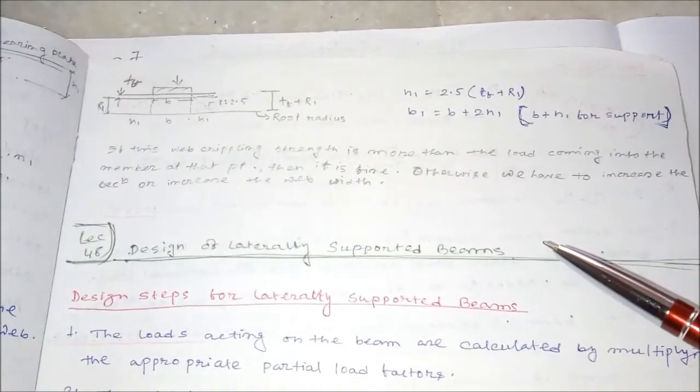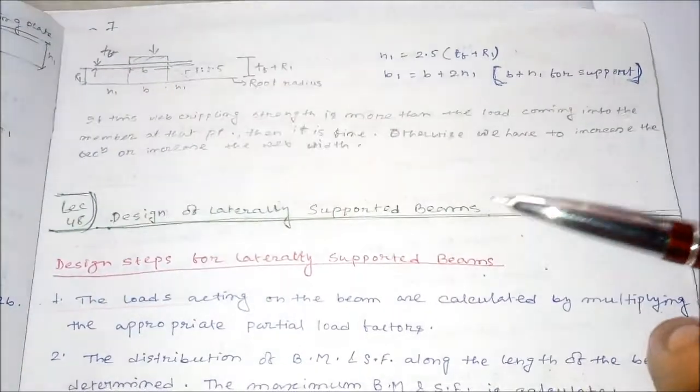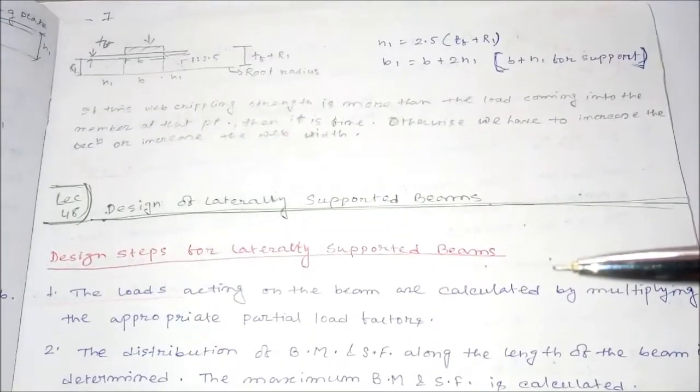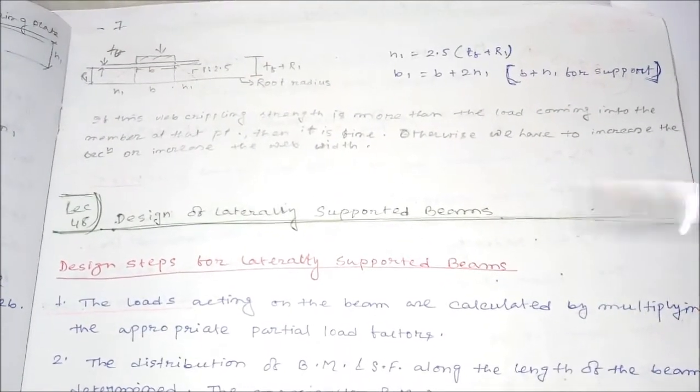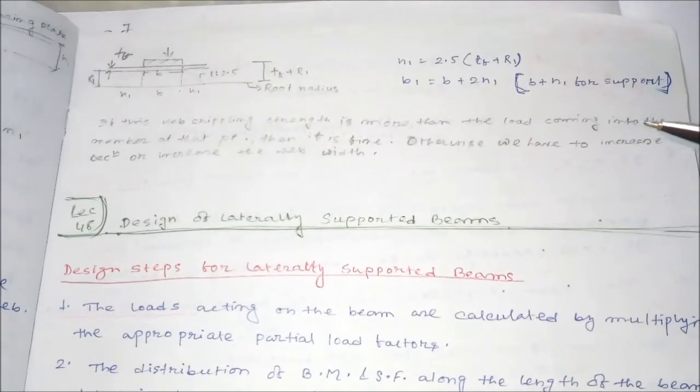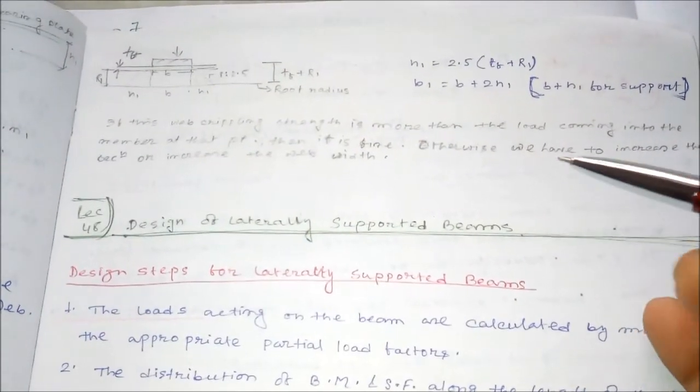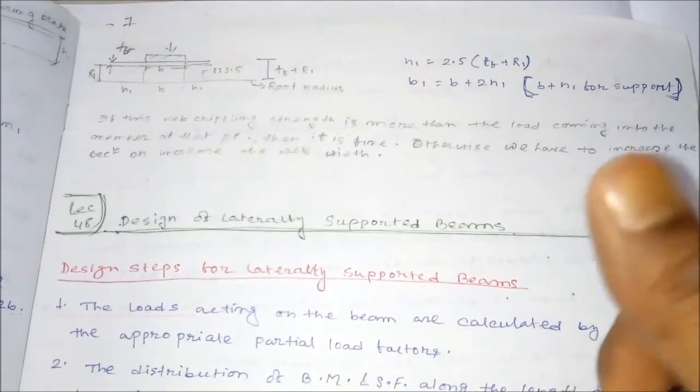Getting the formula, right, for web crippling, they have assumed that any kind of concentrated load or any kind of reaction will be dispersed into the web with a slope of 1 is to 2.5. 1 is to 2.5.